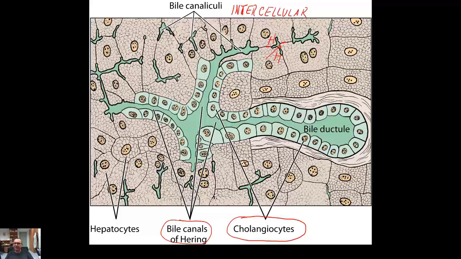Canals of Hering join and increase, and when they are surrounded by connective tissue, they are situated in the portal space, and a bile duct having simple cuboidal epithelium is called an interlobular duct.